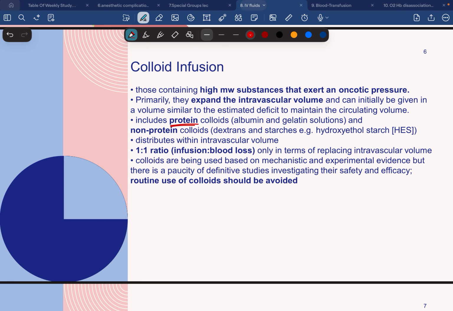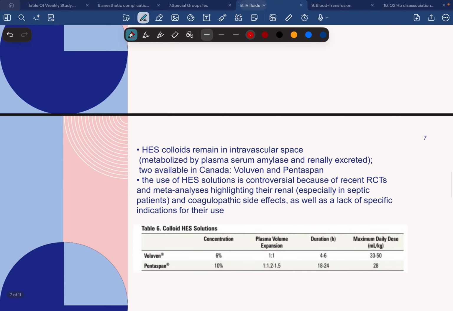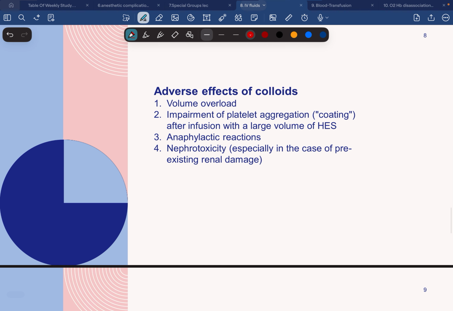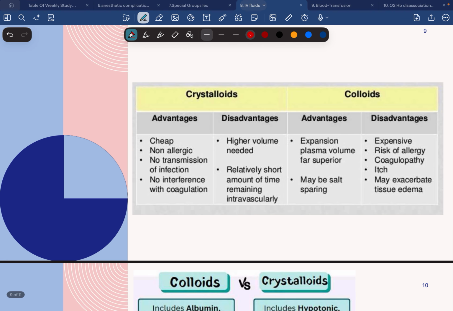Adverse effects of colloids: volume overload, impairment of platelet aggregation, anaphylactic reactions, and nephrotoxicity. This is just a comparison between the advantages and disadvantages of crystalloids and colloids. Crystalloids, as we said, are cheap, non-allergic, with no interference with coagulation and no transmission of infections.